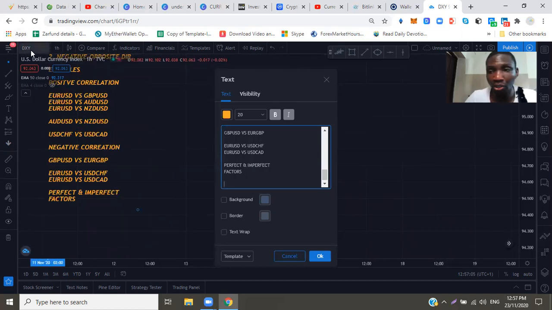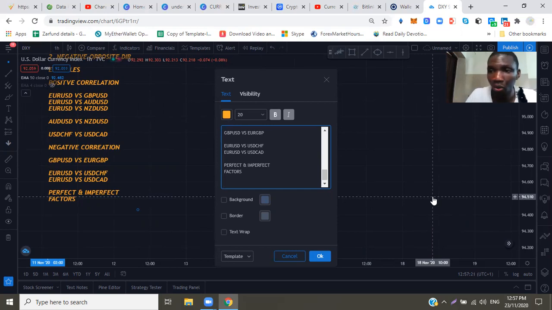This DXY is called the dollar index, the US dollar index, right? So now, if we go on the chart, you see how your US dollar index is moving. There are several currency pairs. The major currencies do have their index like this.